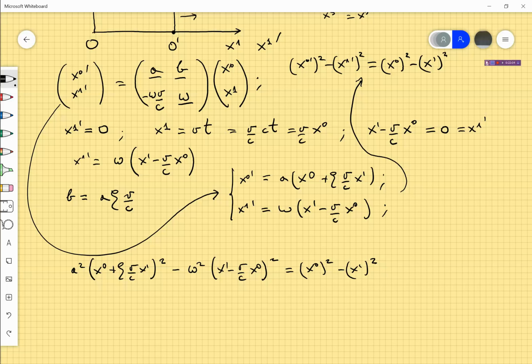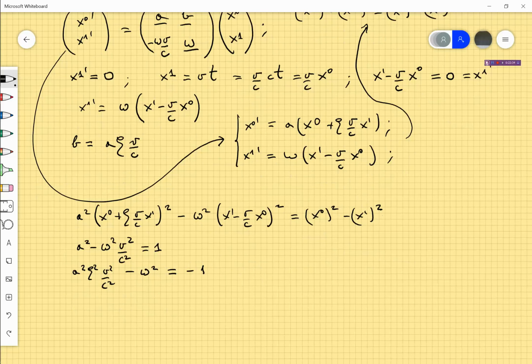So the coefficient of x0 squared is just A squared minus omega squared V squared divided by C squared, and this is just 1. The coefficient of x1 squared is A squared Z squared V squared divided by C squared minus omega squared, and this is equal to minus 1.